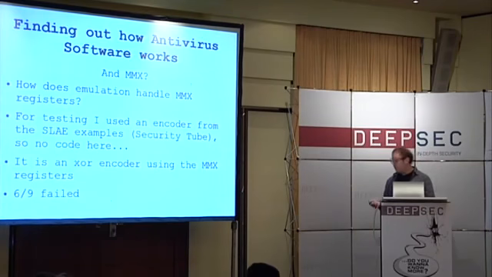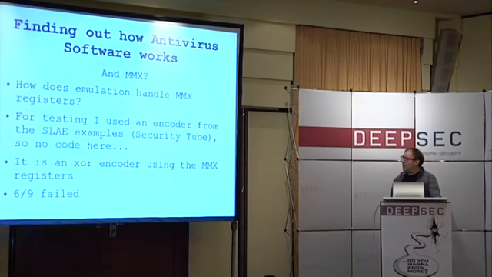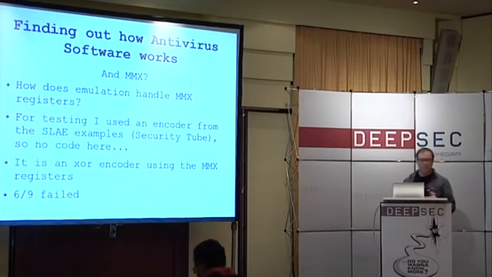And only 6 of 9 products failed here. This was surprising to me too, if you compare it to the 64-bit results. So I didn't do more research about MMX or FPU. I started it, but it seemed not so necessary to do more research here.